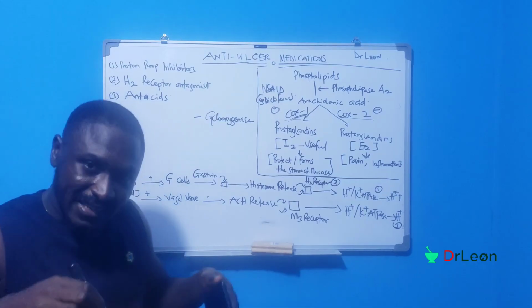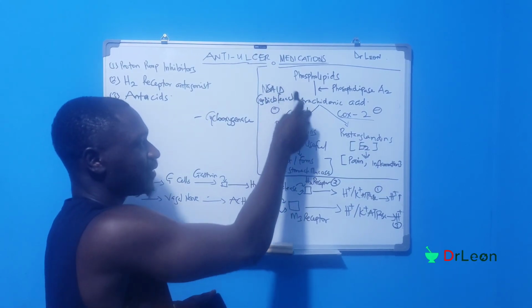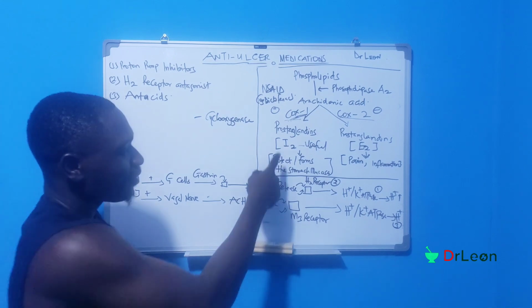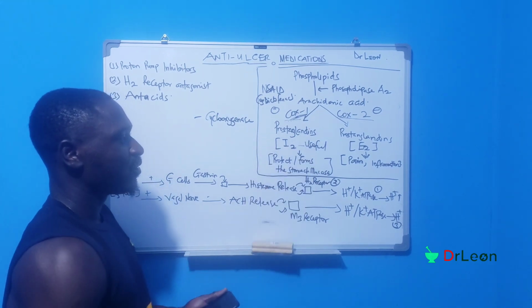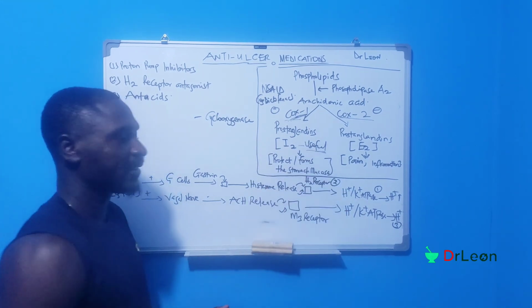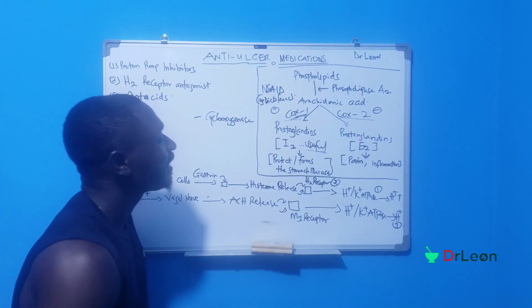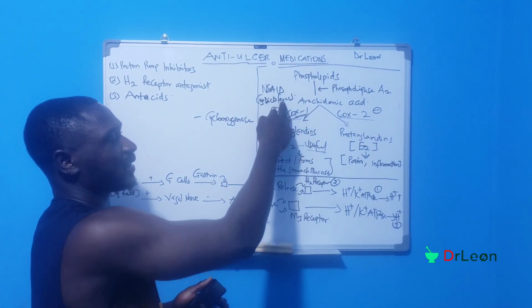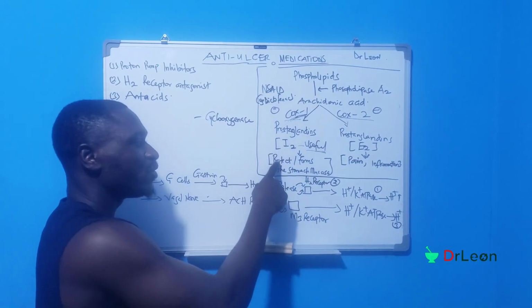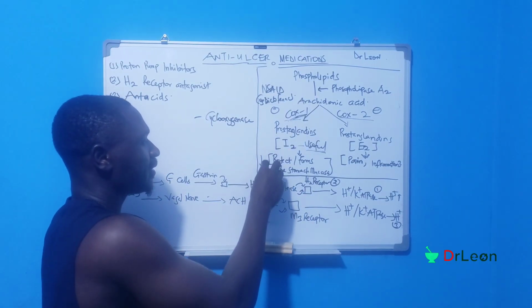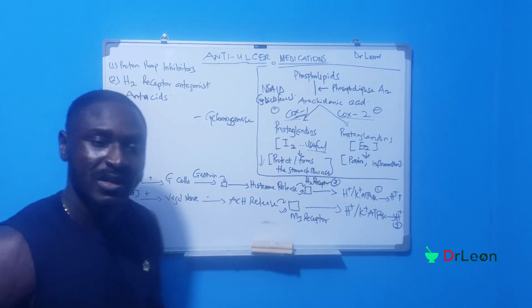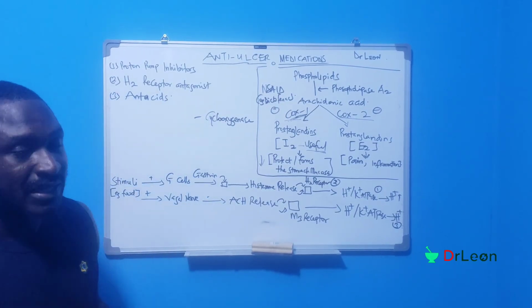But at the same time, this NSAID also blocks COX1. And COX1 produces the useful prostaglandins. And it is these useful prostaglandins that protect the stomach wall. So using certain types of NSAID like diclofenac, you will reduce the production of the prostaglandin, and then therefore your stomach mucosa wouldn't be protected.